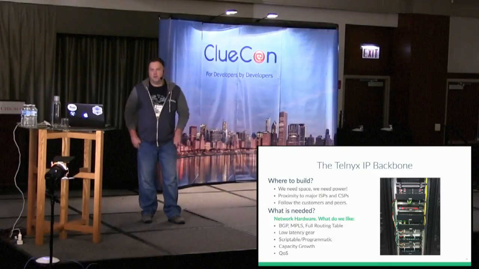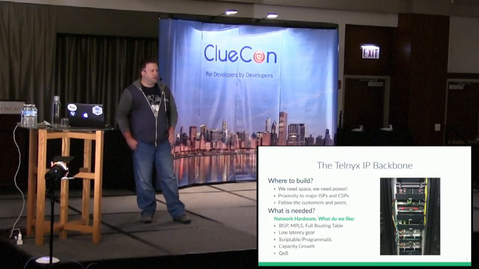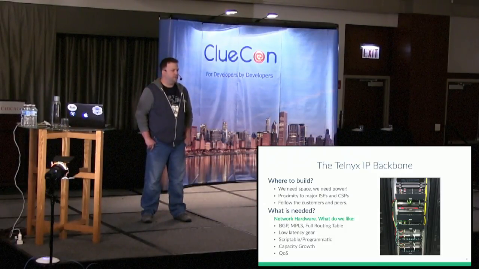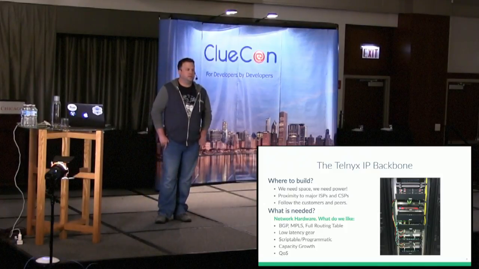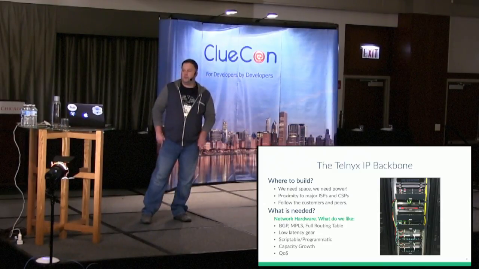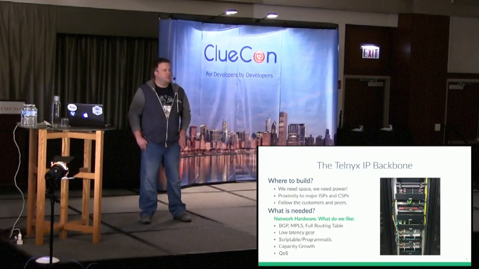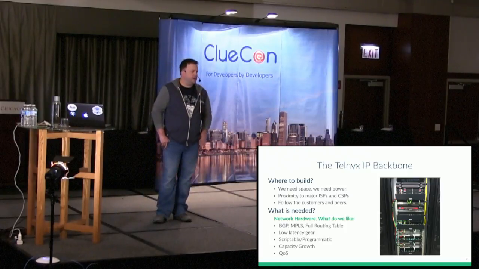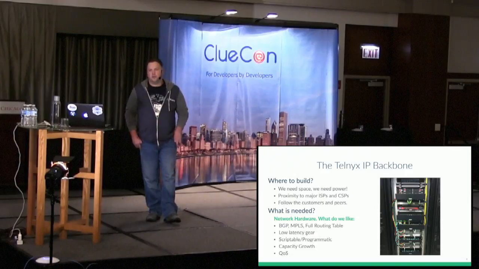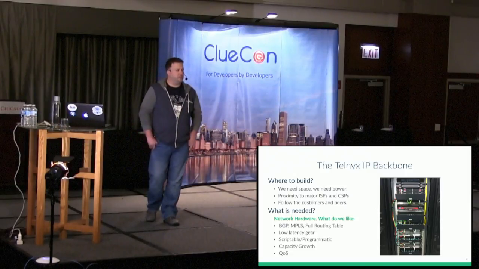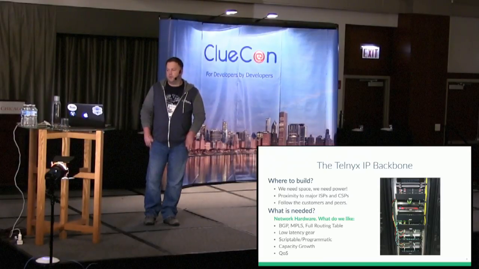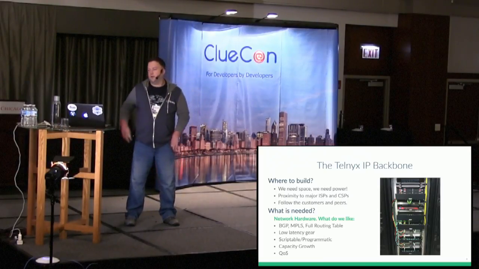We also like to have MPLS capable switches, capable routers to be able to signal label switch paths so that we can do things like traffic engineering, layer 3 VPNs for customer dedicated environments, and so forth. We also like low latency gear, things that are programmatic that allow us to easily apply network automation into the environment. And we're also looking to obviously expand, so we like hardware that's going to be very easy to grow with capacity, and also apply QoS into the environment.